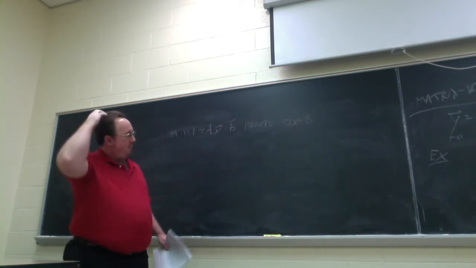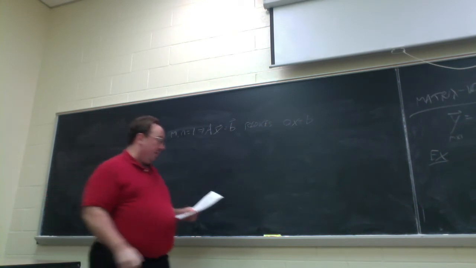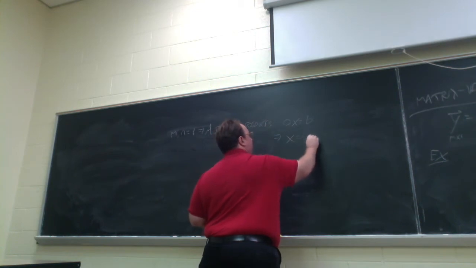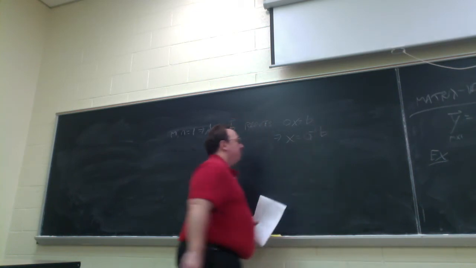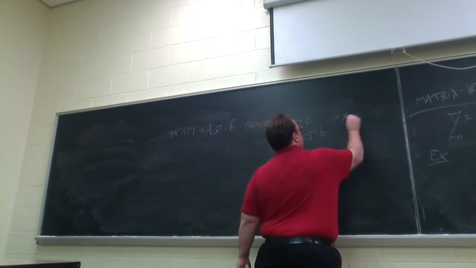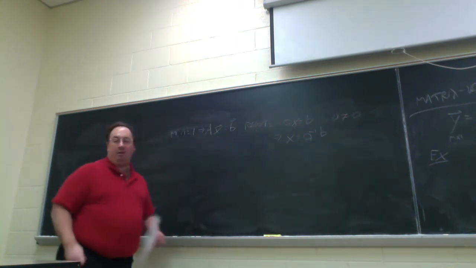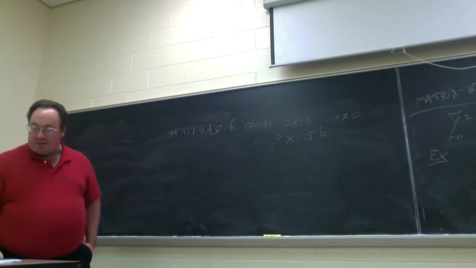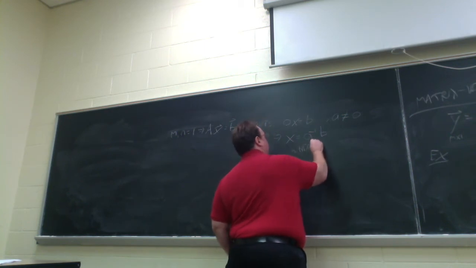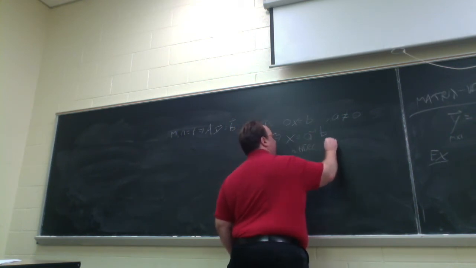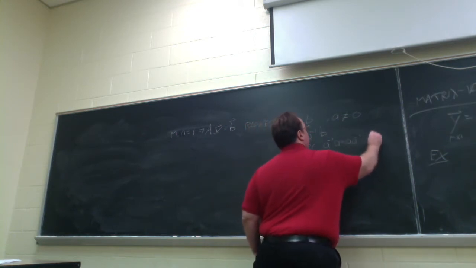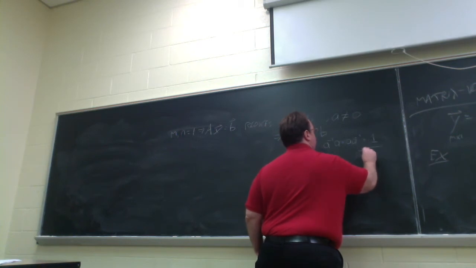So a, x, and b are all numbers now. So therefore the solution is just equal to a to the minus 1 times b, so a multiplicative inverse, provided that a is non-zero. Where, of course, because it's a multiplicative inverse, a inverse times a, or a times a inverse, is 1, which of course we know as the identity element.